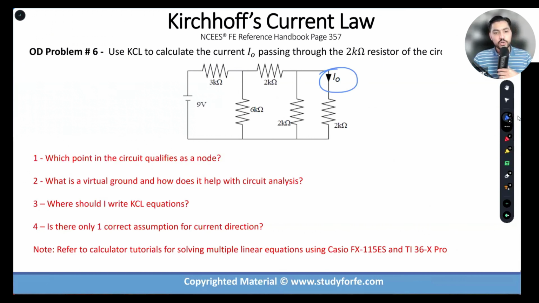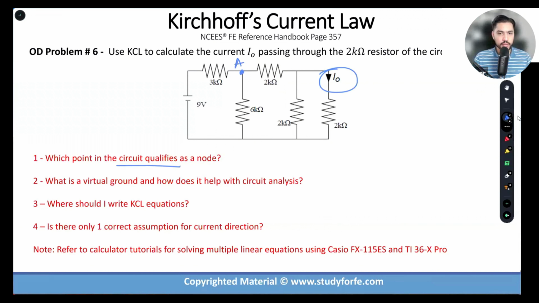Okay. So which point in the circuit qualifies as a node? We are doing KCL, so I'm going to help you write the KCL equations shortly. But which points in the circuit qualify as nodes? What do you guys think? Is this a node?